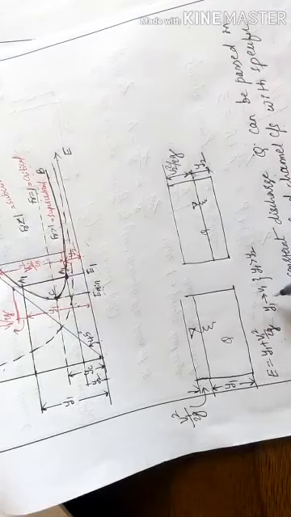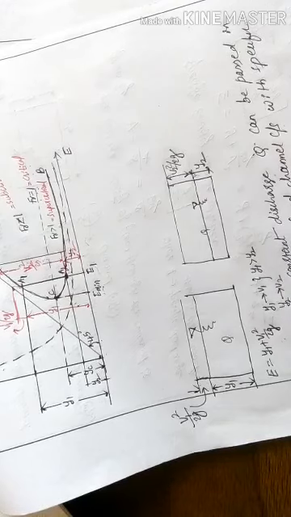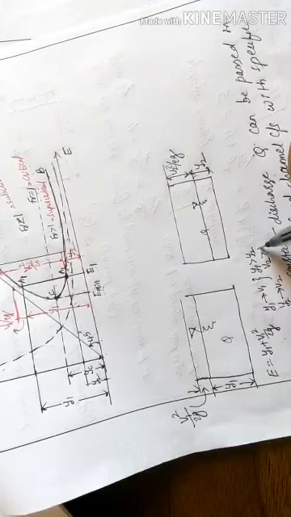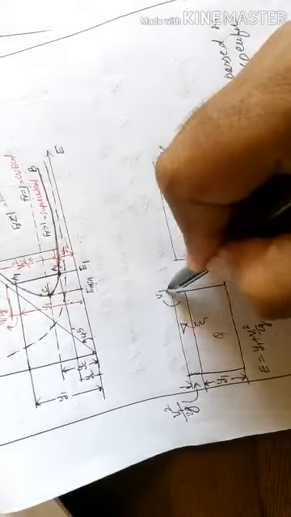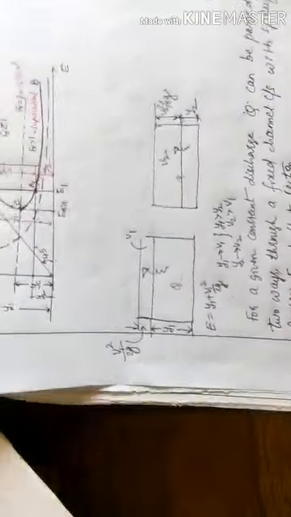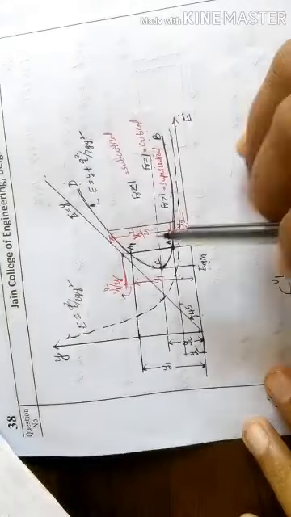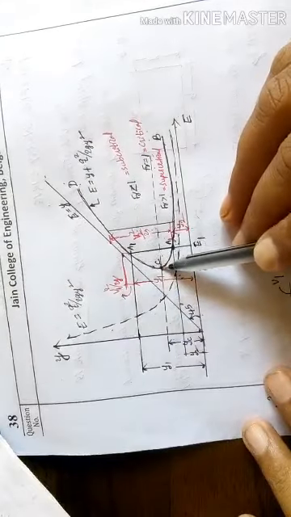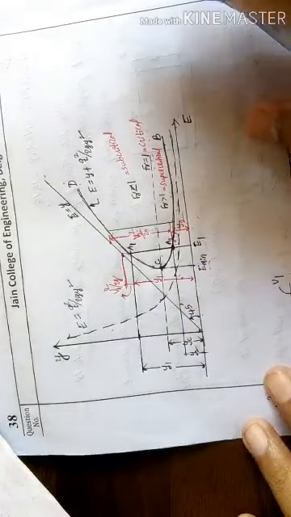So when y2 is the depth, the velocity is v2. But what about the velocity here? The velocity is greater than v1. So this velocity is v1 and this velocity is v2 here. Okay, so what does the curve represent? Leaving point C, wherever you take the points, you will get two alternate depths.